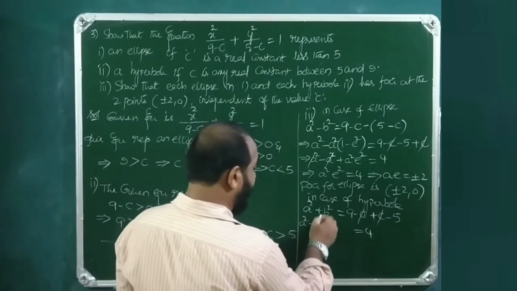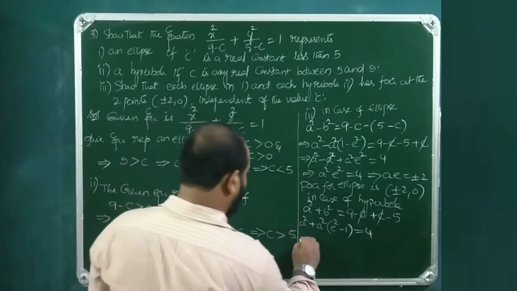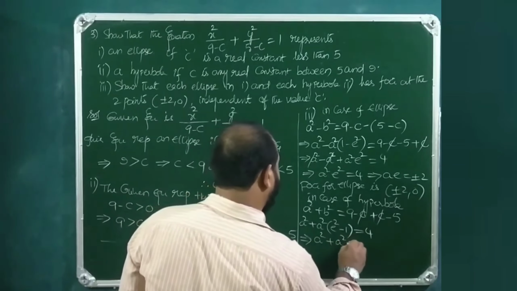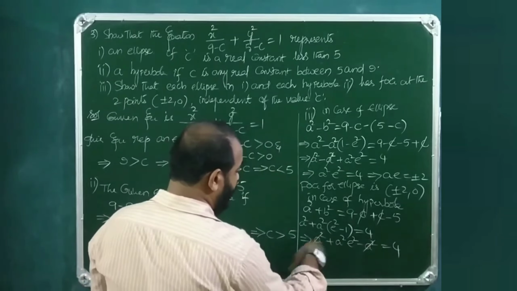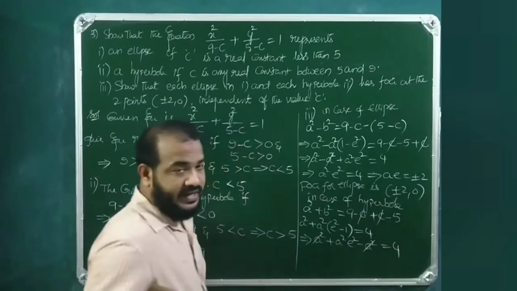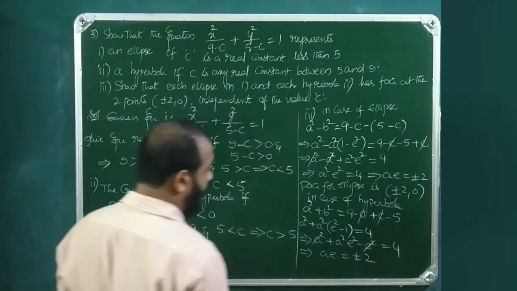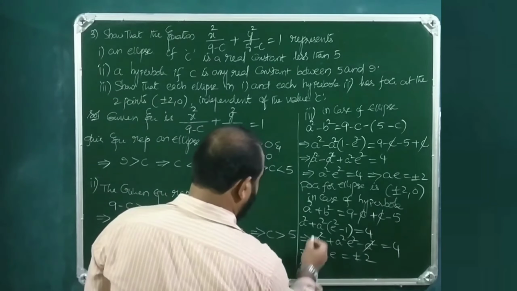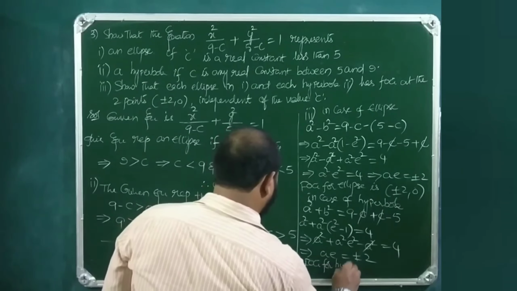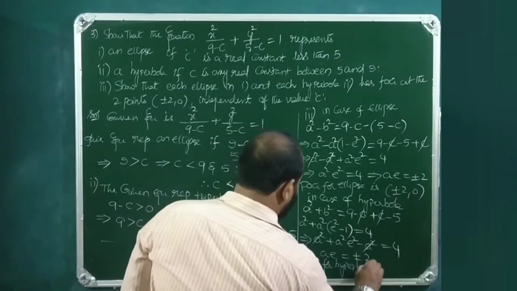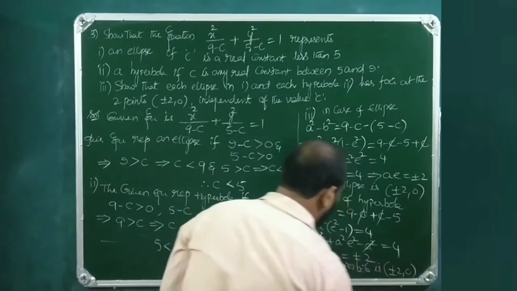B square is a square into e square minus 1. So this is a square plus a square e square minus a square is equal to 4. A square gets cancelled. A square e square equals 4 again. So ae is equal to plus or minus 2. Therefore, foci for hyperbola is also the same, plus or minus 2 comma 0.